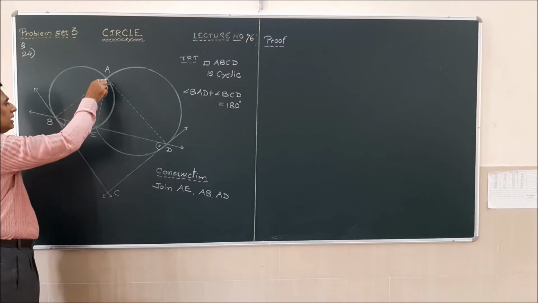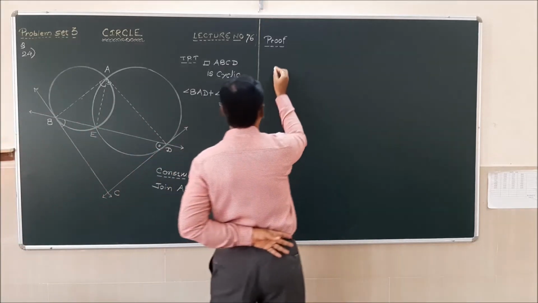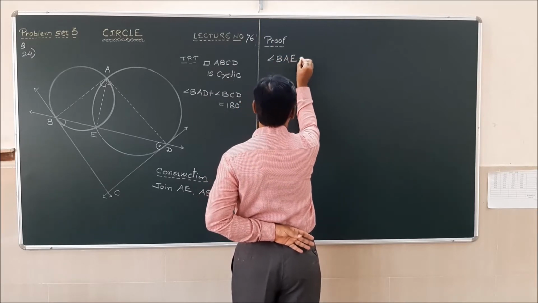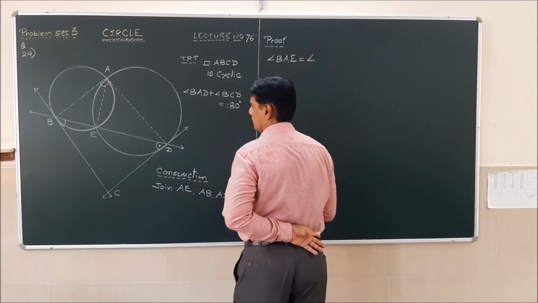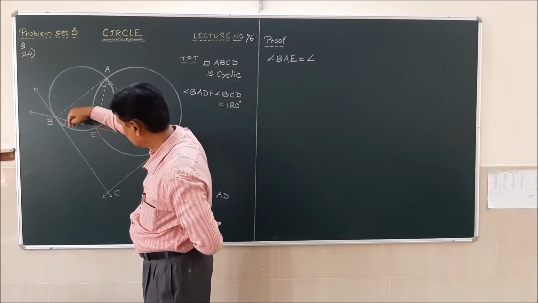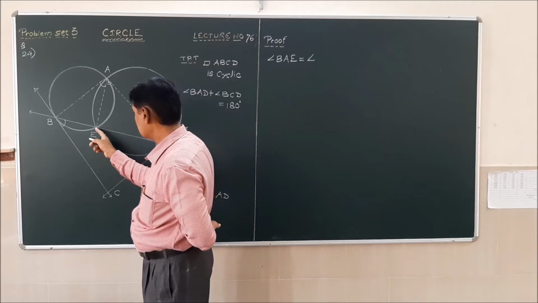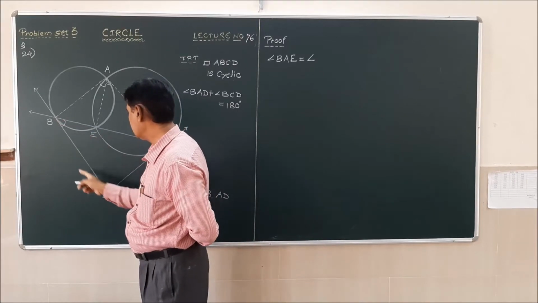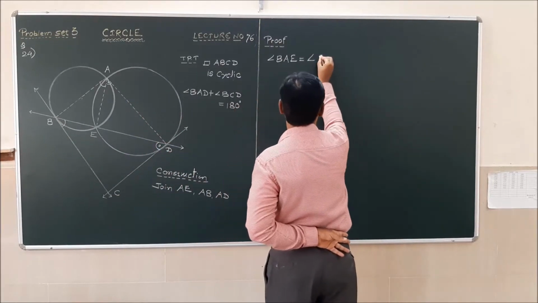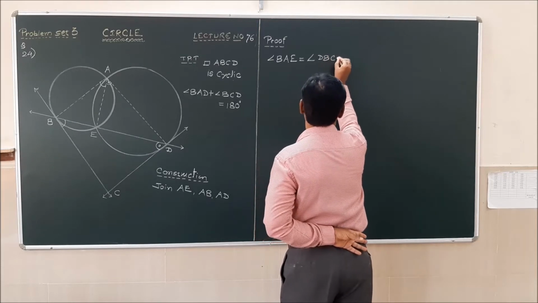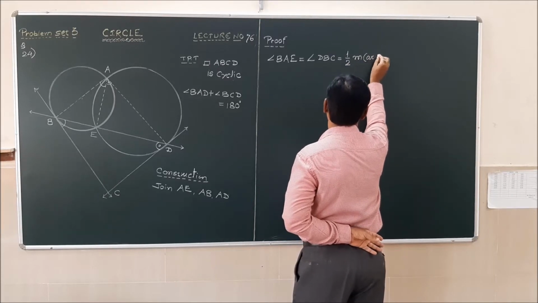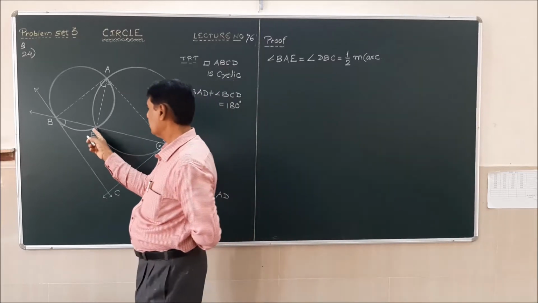So angle BAE. Now BAE, you will notice, is an inscribed angle that is equal to half arc BE, as well as angle EBC, or I can say angle DBC, is equal to half the measure of arc BE.